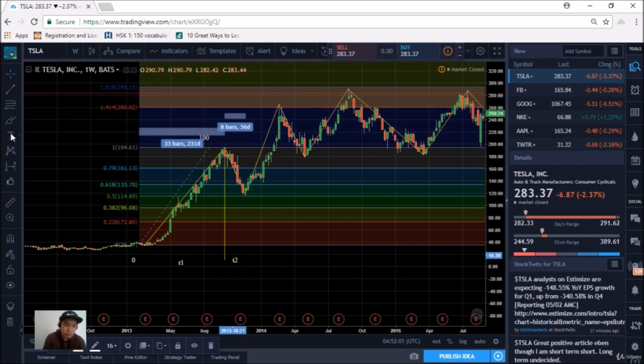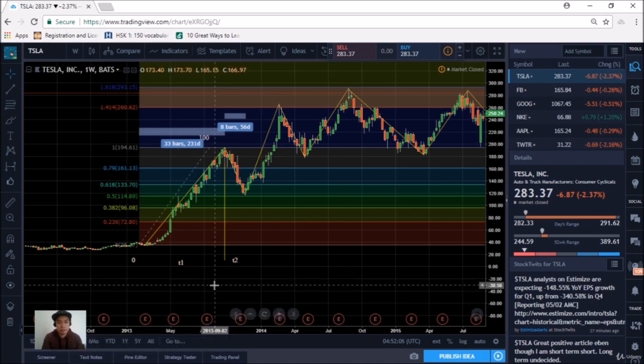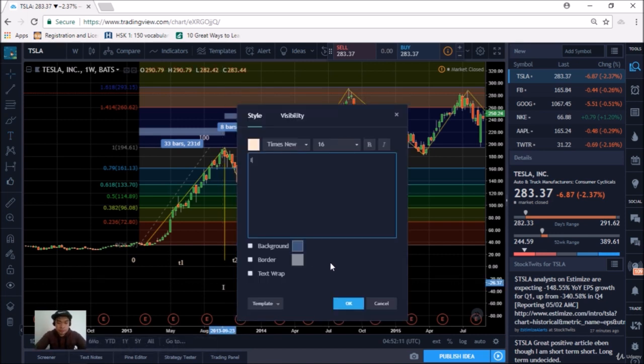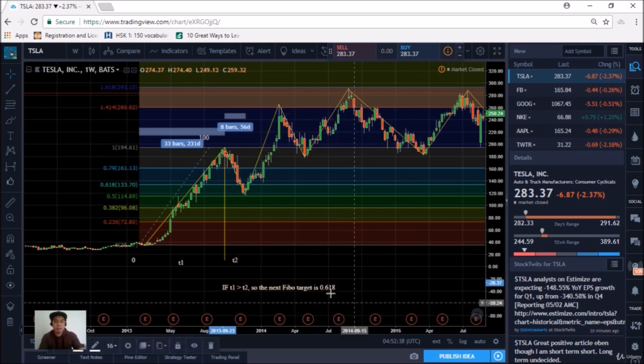Now what I'm trying to show you, and you have to remember this, is that if T1 is more than T2, the next Fibonacci target is 0.618.